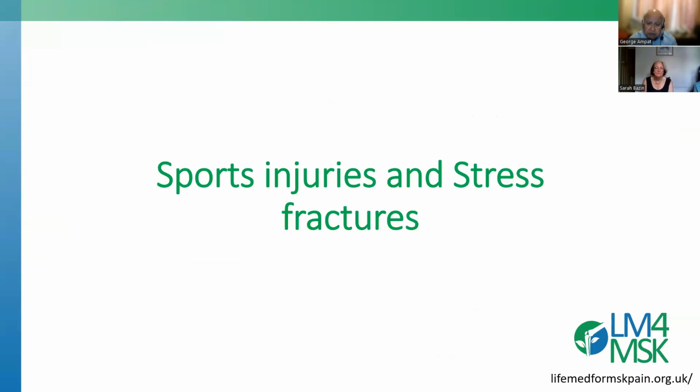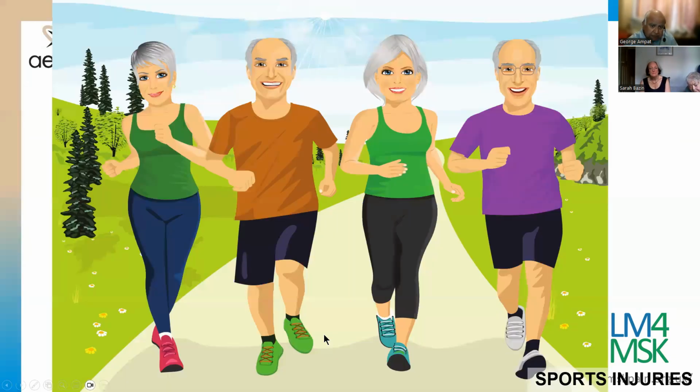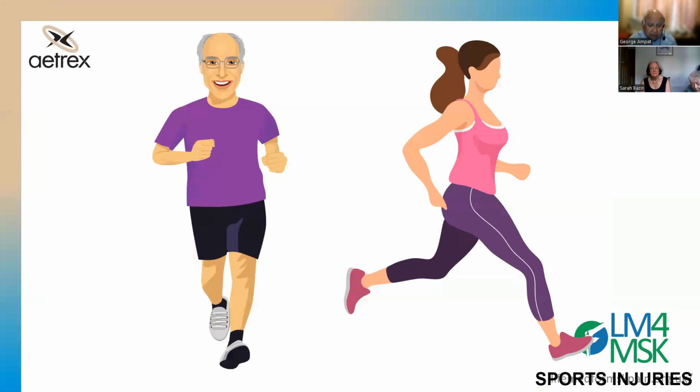A little about sports injuries and stress fractures. Now, the majority of the issues in the feet when we are running or doing sports occur from the knee. We may have shin splints, or stress fracture of the metatarsals. Now, why that may happen as we run is because of the movement, because of the pronation that may occur.